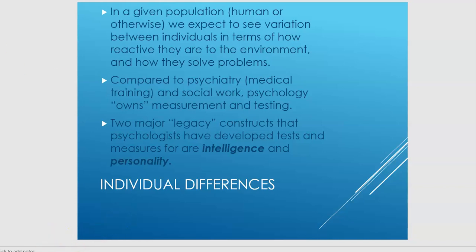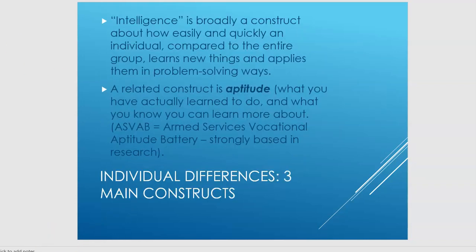Excuse me. Taking a second for me to figure out how to use the draw tool and also switch between slides. So, of those two legacy constructs, intelligence and personality, intelligence is broadly a construct about how easily and quickly an individual, compared to the entire group, learns new things and applies them in a problem-solving way.